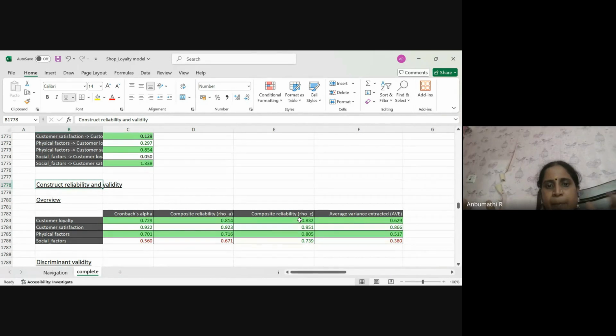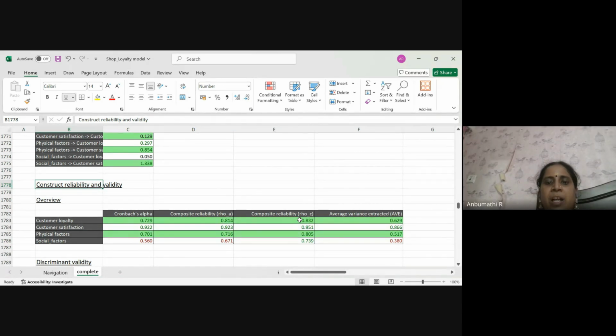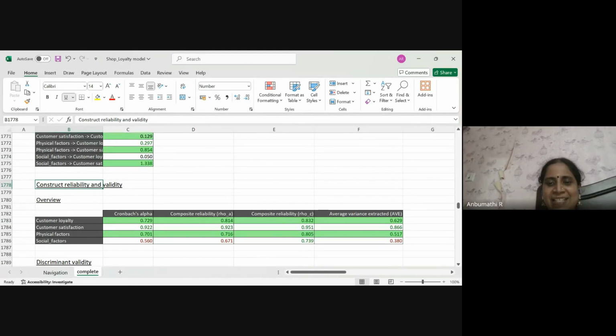Likewise, in composite reliability, we have rho A as well as rho C, where it is better that instead of rho C, we consider only rho A. It is better practice to consider rho A rather than rho C, because of the composite reliability which is given in the bracket as rho C, please don't look at it. Please look at the composite reliability which has the bracket rho A.